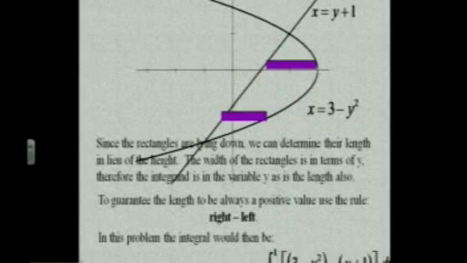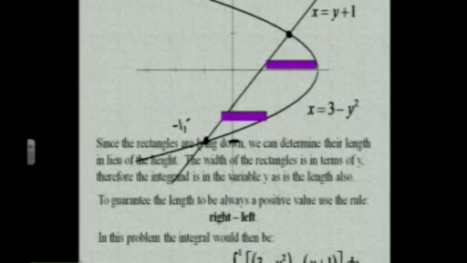So the integral will look like this. Note I talked about the intersections of these points, and you see on the integral, we start out at a y value of -2, not 1. This is -1, -2.